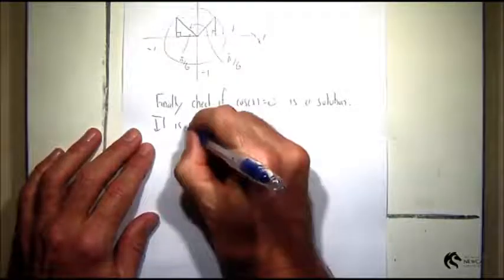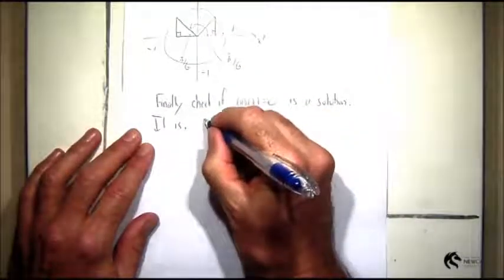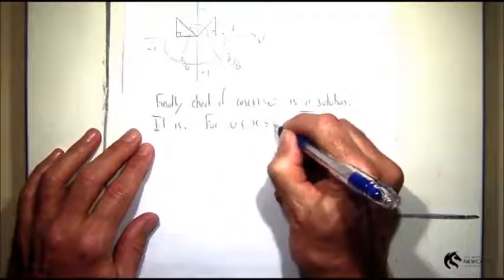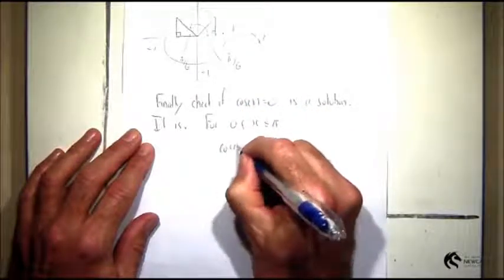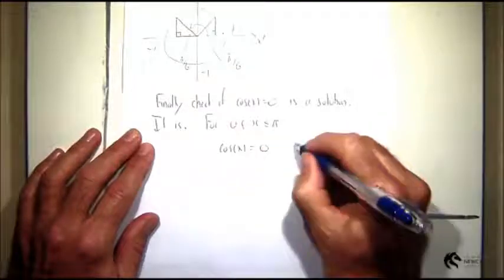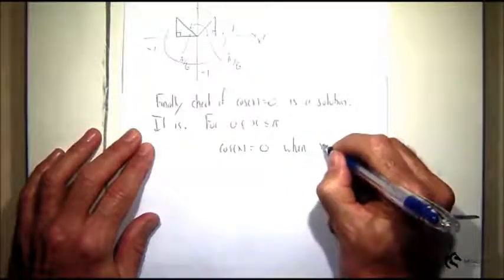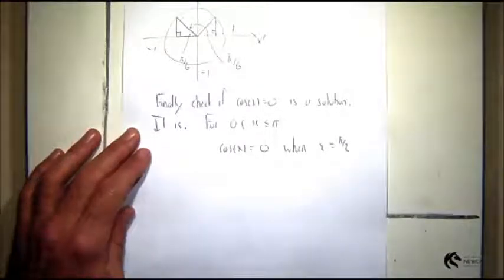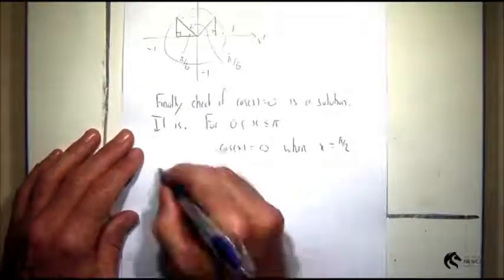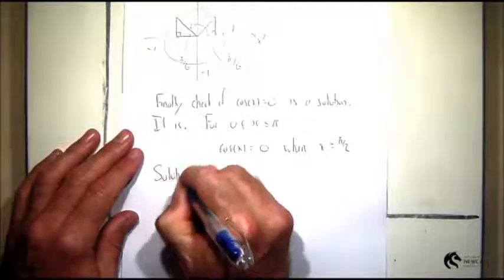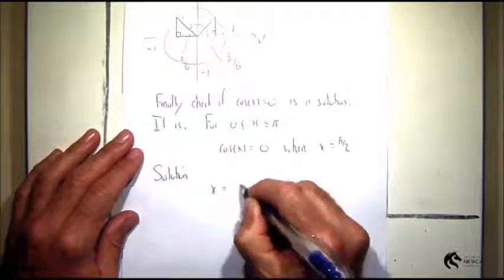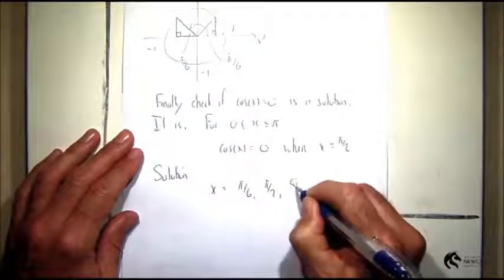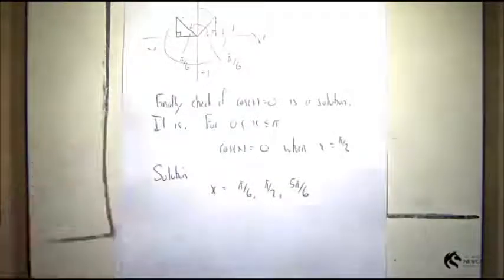And so I can say for x between 0 and pi, cos x is equal to 0 when x is equal to pi on 2. And so I have three solutions. So my solutions are x is equal to pi on 6, pi on 2, and 5 pi on 6.